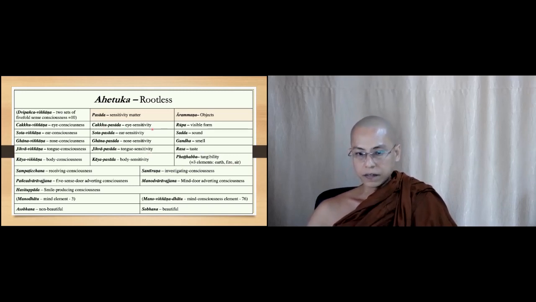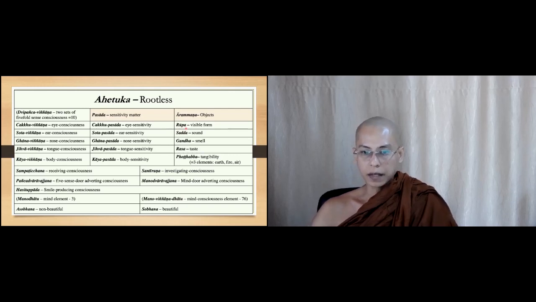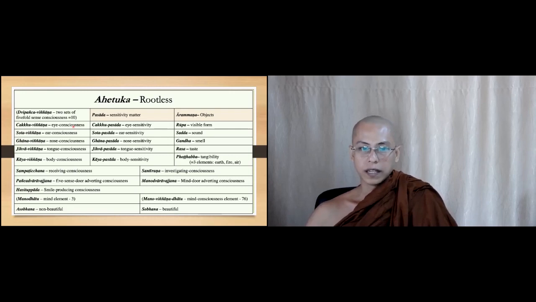So eye sensitivity catches the rupa. When they come together at the same time, eye consciousness arises. That's why I put them in the same line: eye consciousness, eye sensitivity, visible form.